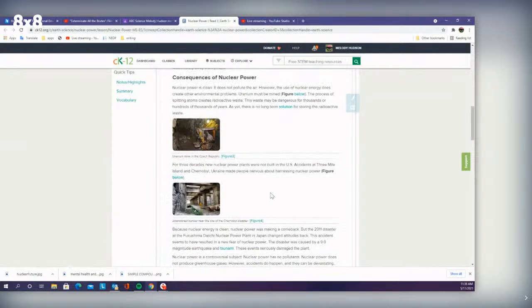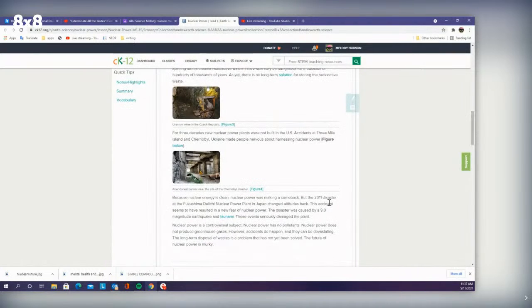For three decades, new nuclear power plants were not built in the United States. Why? Because accidents at Three Mile Island, which is not far from us, and Chernobyl, Ukraine, made people nervous about harnessing nuclear power. At one point, it was thought to be the solution to all of our problems because it was clean. Because nuclear energy is clean, nuclear power was making a comeback.